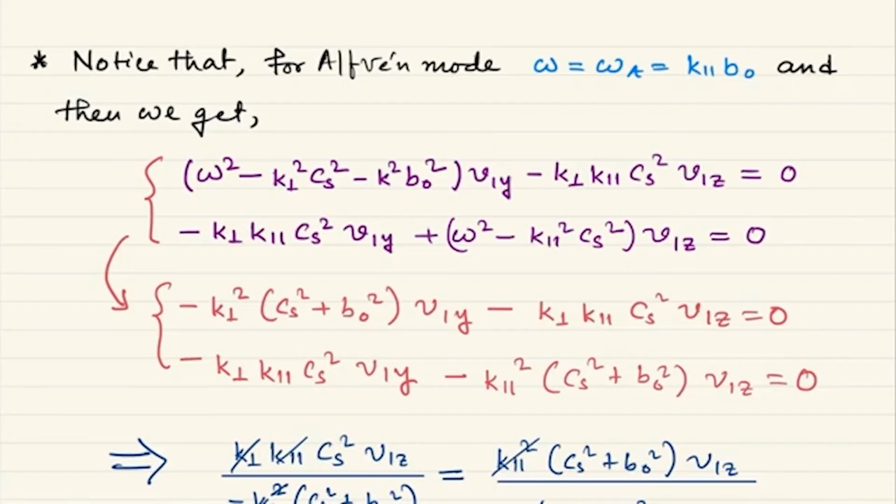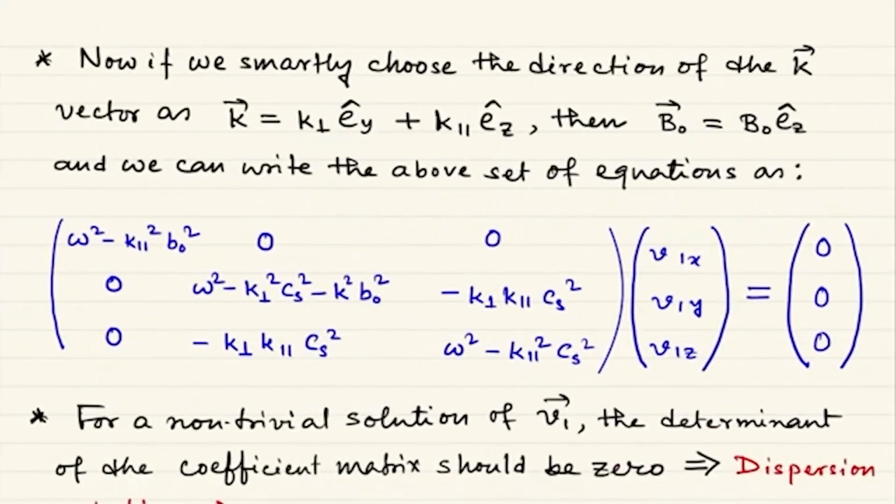We can take the dispersion relation of the Alfvén mode, which is omega equal to omega_A equal to k parallel B0, and simply write this expression for omega in this equation, omega square minus k parallel whole square B0 square times V1x is equal to 0, which simply says that as this is 0, this equation will be true even when V1x is non-zero, right?